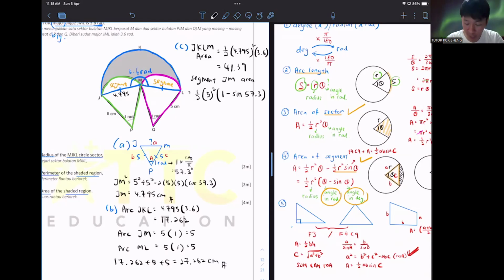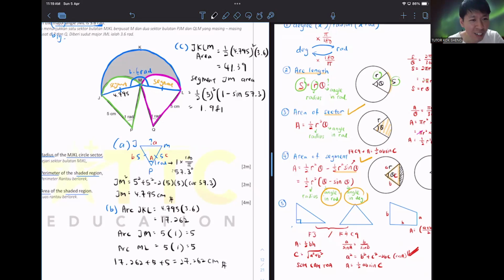Okay, let's press the answer. 57.3. Oh, so small one. 1.981. It doesn't look so small though.